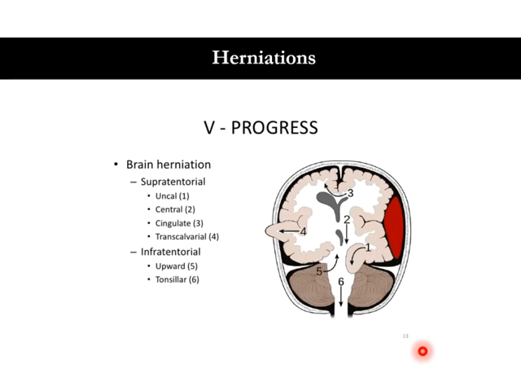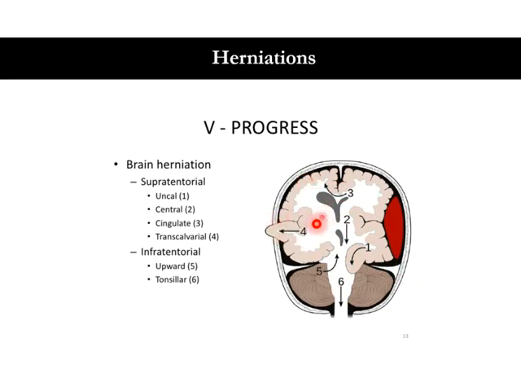Okay, so the most common herniations I have tried to show here. This is the uncal that is herniating. This is the central portion of the brain that is herniating, coming down. This is the cingulate, like this is how the brain is, right? And these are both the cerebral hemispheres. So this one cerebral hemisphere trying to go into the other one, that's the cingulate.